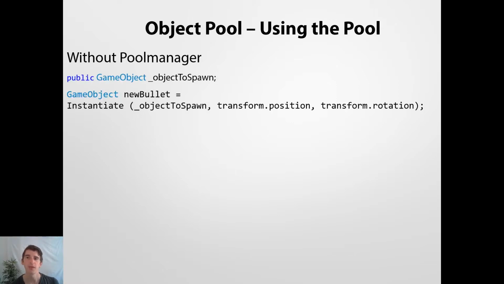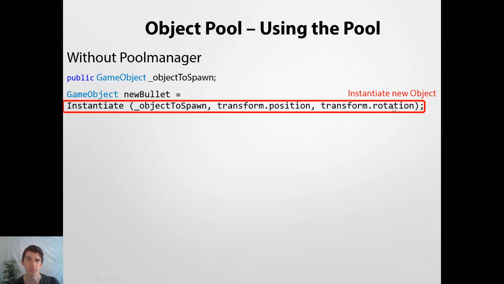If you then want to use this object pool, you would do it like the following. So first I'll show you how you would do it without a pool manager. So you first have this object that you want to spawn. Usually this is a prefab. Then you call the instantiate method. This instantiates a new object.